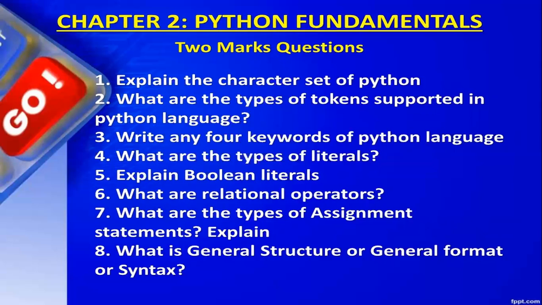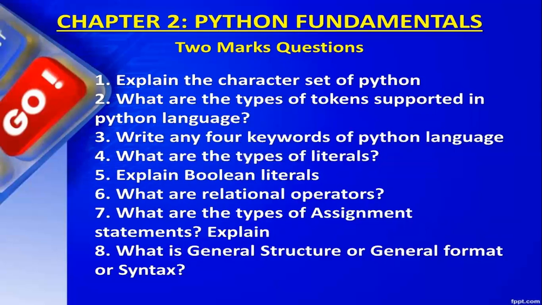What are relational operators? Don't do the question 6. What are the types of assignment statements? What is the general structure or general format or syntax of a Python code? Now over here, again, question number 4 will be a repeat, so you can skip it.